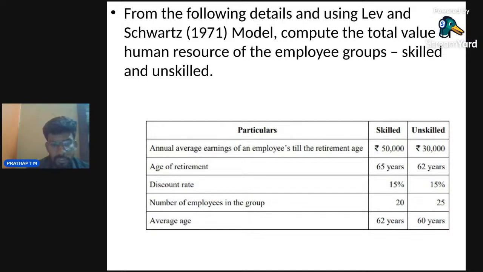They have given 65 for the skilled employee and 62 for the unskilled employee, right? So 65, 62, fine. Average age is very important; we have to consider the average age.